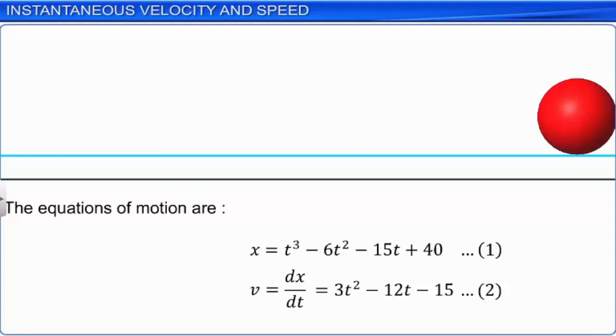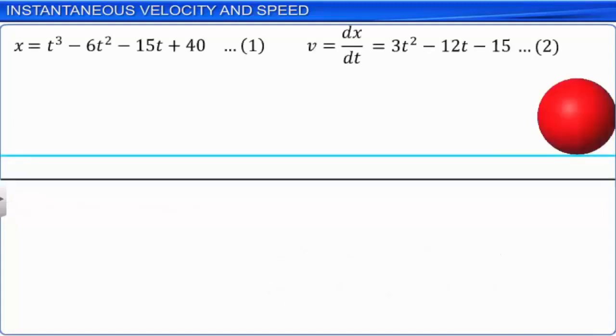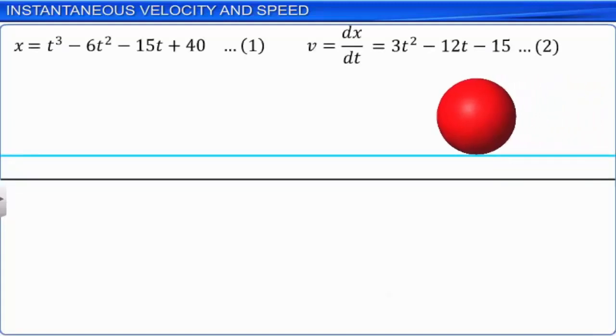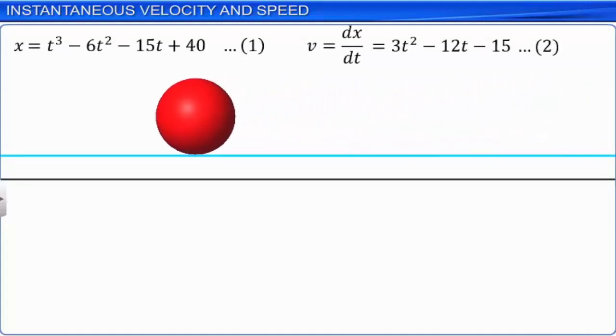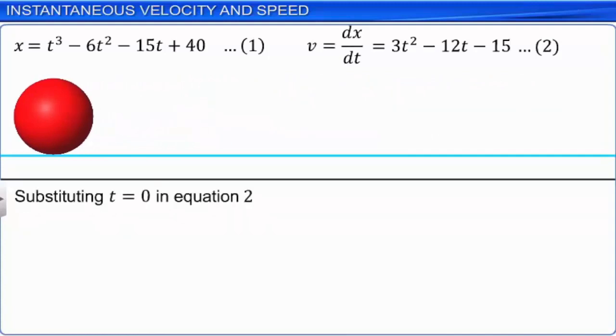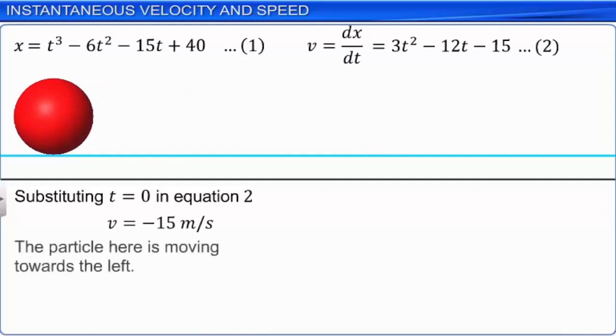At t is equal to 0 seconds, we need to find the value of v. Substituting t is equal to 0 in equation 2, v is equal to minus 15 meters per second. The particle here is moving towards the left. At t is equal to 2 seconds, we need to find the value of v.